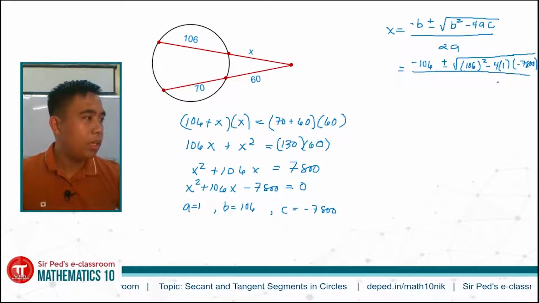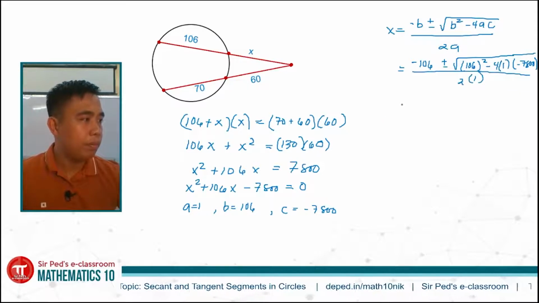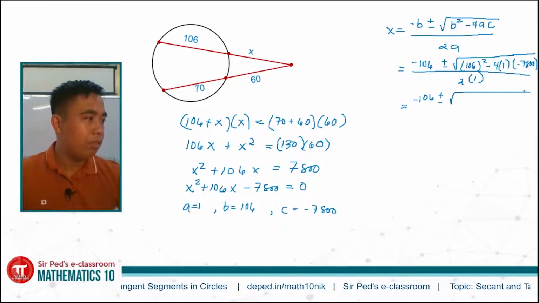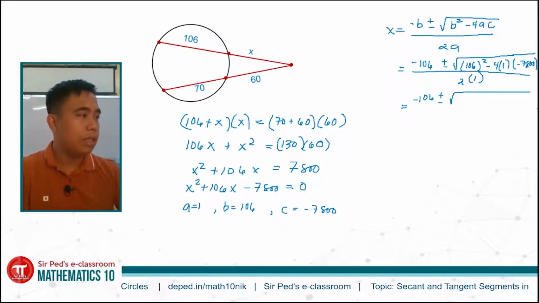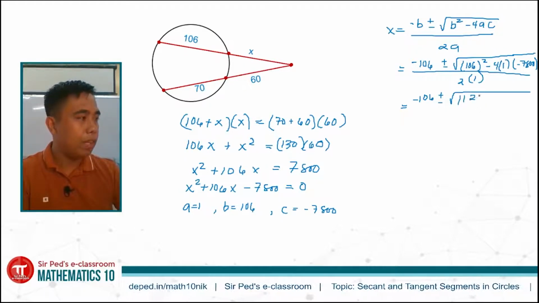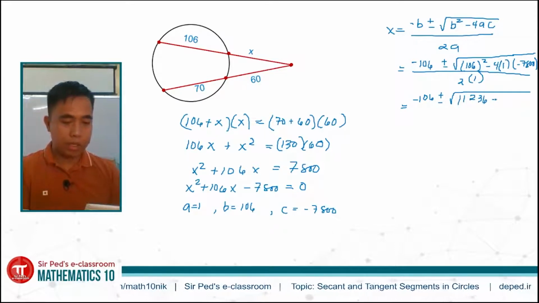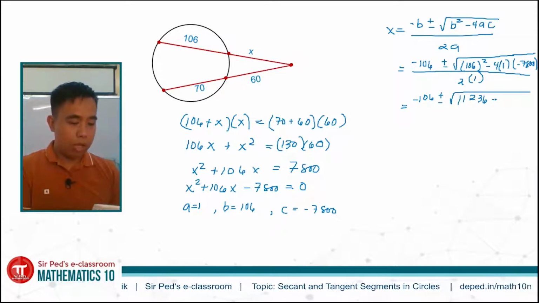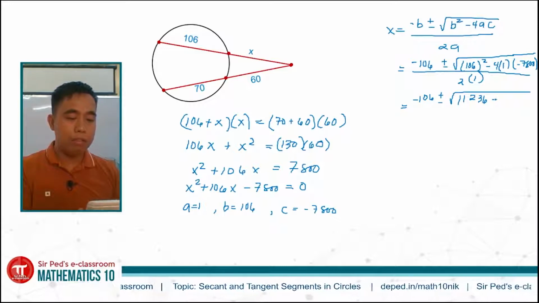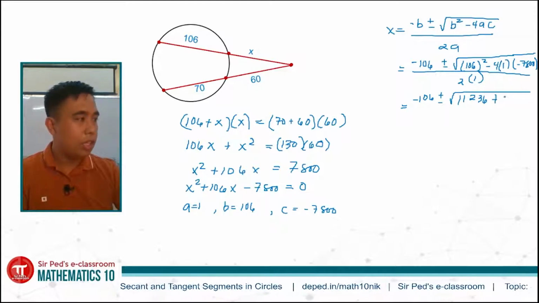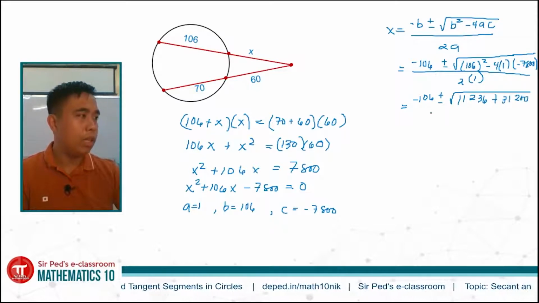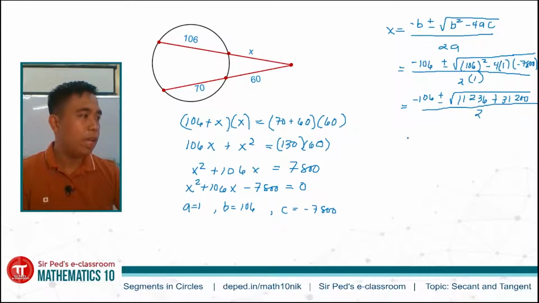All over 2 times 1. So that will be negative 106 plus minus the square root of, malaki siguro to, so 106 squared, that is 11,236 minus 4 times 1 times negative 7,800, that is negative 31,200. So, magiging plus yan, 31,200. All over, 2 times 1 ay 2.